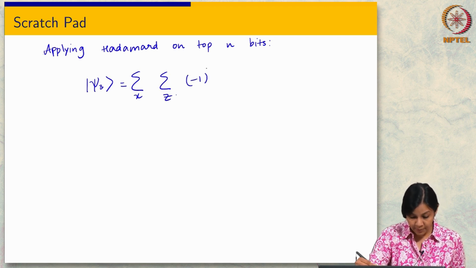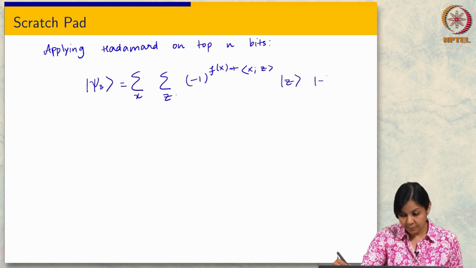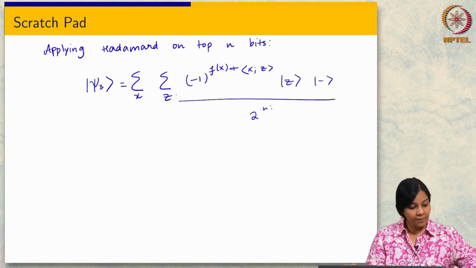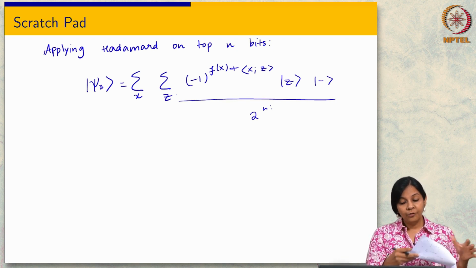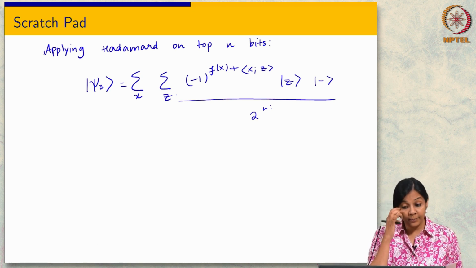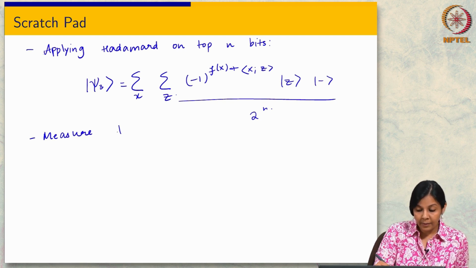If you remember, minus 1 to the f of x plus x inner product z, minus. This is over 2 to the n. Does everyone agree? Okay. So now we measure. Okay, so we are going to forget about the last bit and we will measure the top n bits.